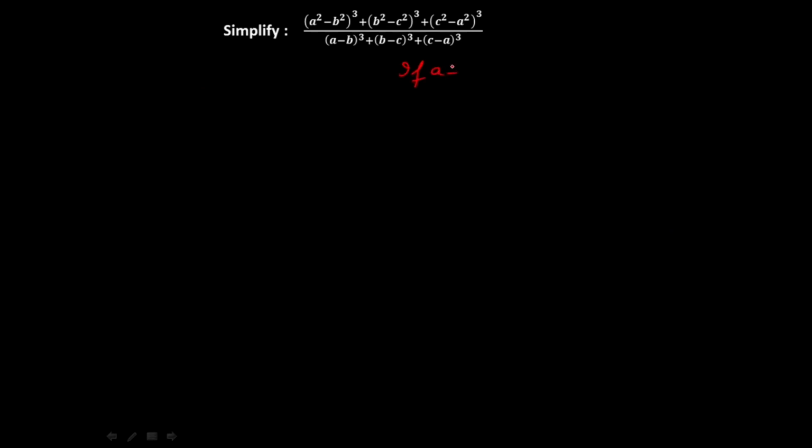If a plus b plus c equals 0, then a cube plus b cube plus c cube will be equal to 3abc. If I assume this whole thing is a, this whole thing is b, this whole thing is c, then what will be the sum of these three? You can check it.